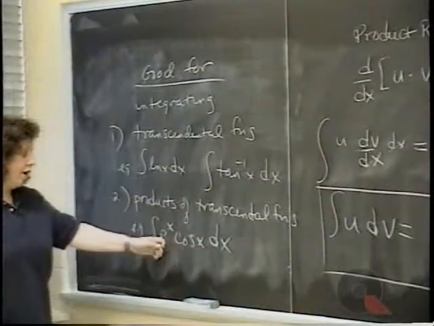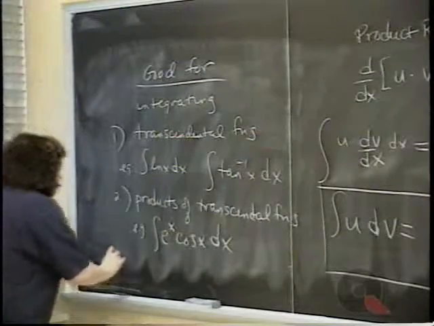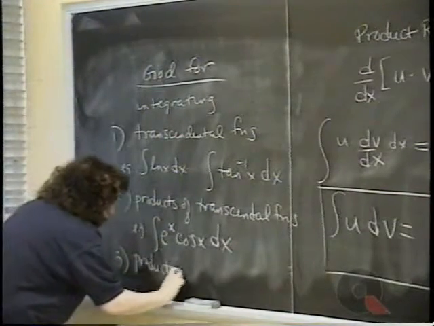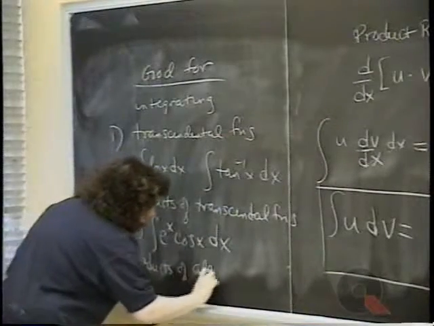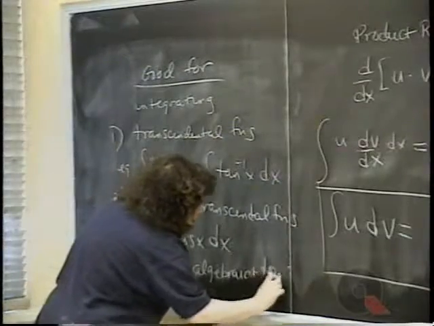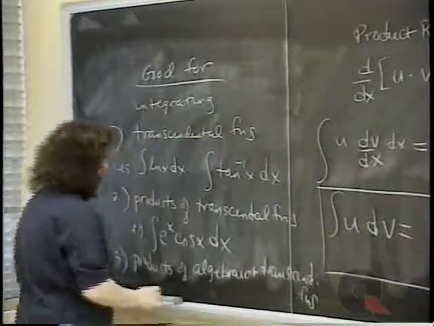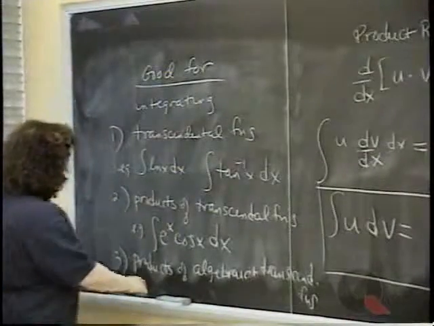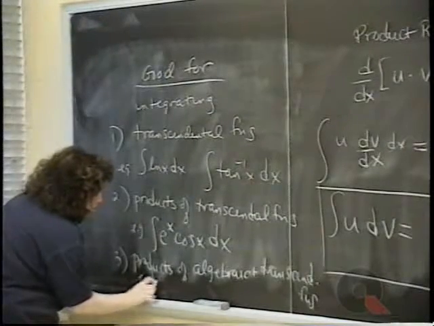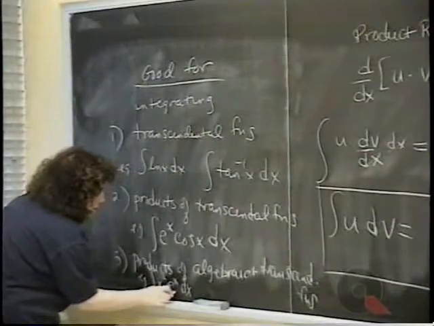There's an exponential times a trig, products of transcendental functions, or products of algebraic and transcendental functions. For example, here, if you wanted to integrate x squared e to the x dx.